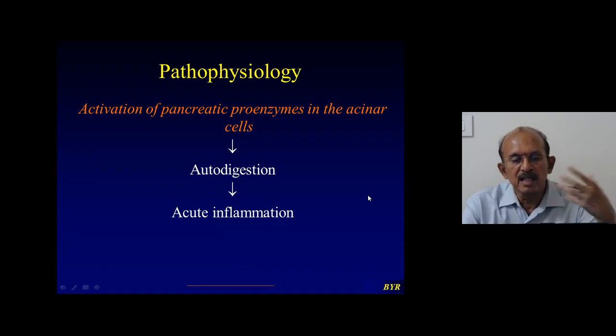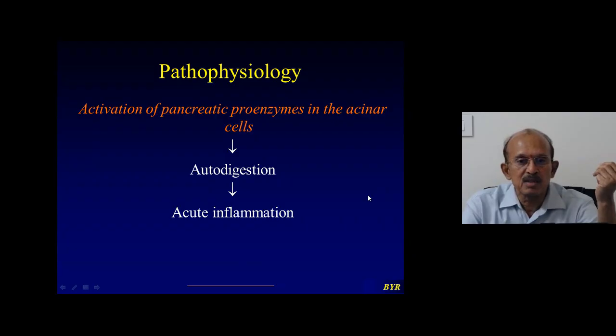So they liberate the enzymes into the peripancreatic tissues. So the peripancreatic tissues now have a lot of fluid and a lot of enzymes. What will the enzymes do now? The peripancreatic tissues are also digested by these enzymes, and they are also inflamed. So this is a very vicious process.